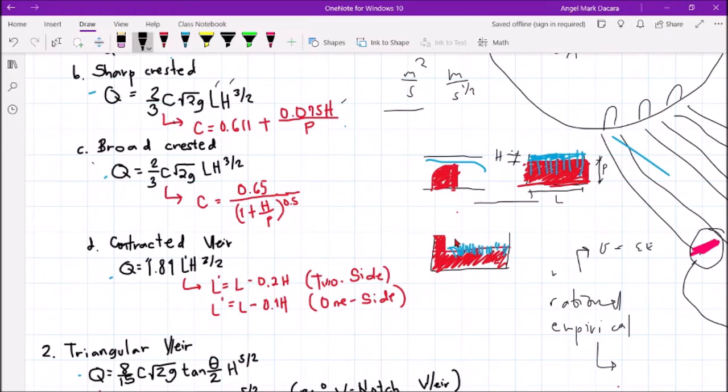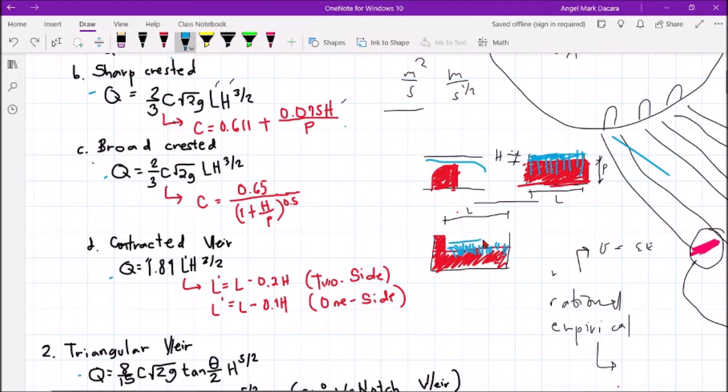Ano yung definition natin ng L kanina? L is the width of the crest where the water overflows. Kung ito lang yung daan ng tubig, this is your L. L lang, hindi L prime. Now, that L is further reduced dahil dun sa contraction. So, L minus 0.2H.